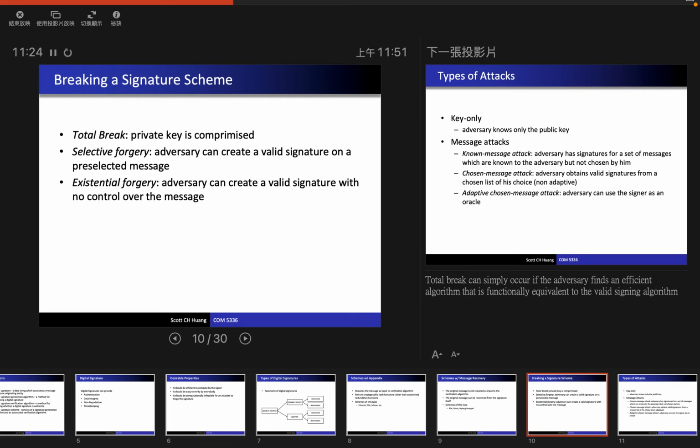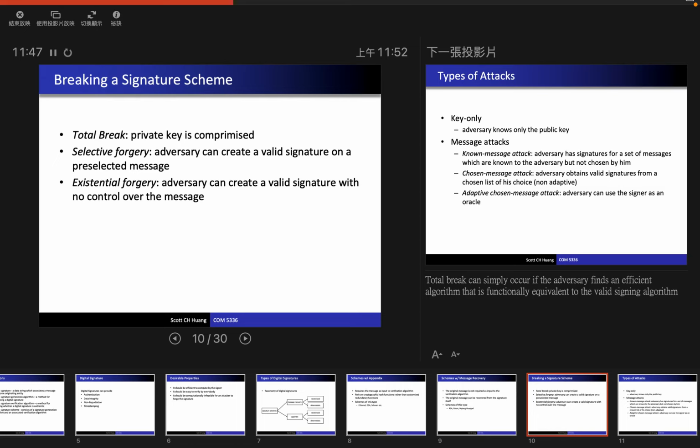Breaking a signature scheme, we can divide into different levels: a total break, selective forgery, and existential forgery. From a cryptographic point of view, it's not always that you totally break something. A total break means you compromise the private key. You get the private key.